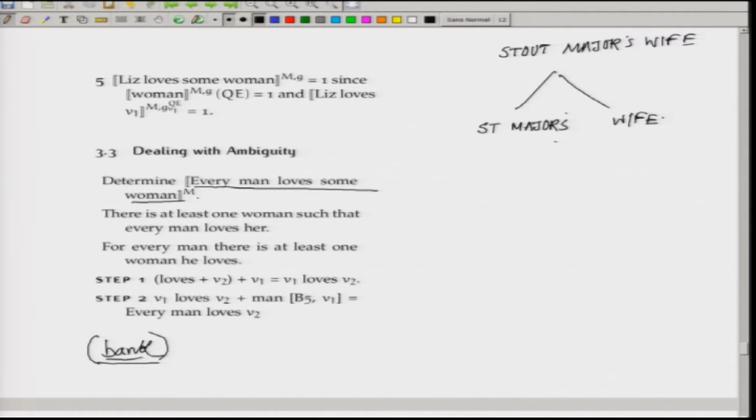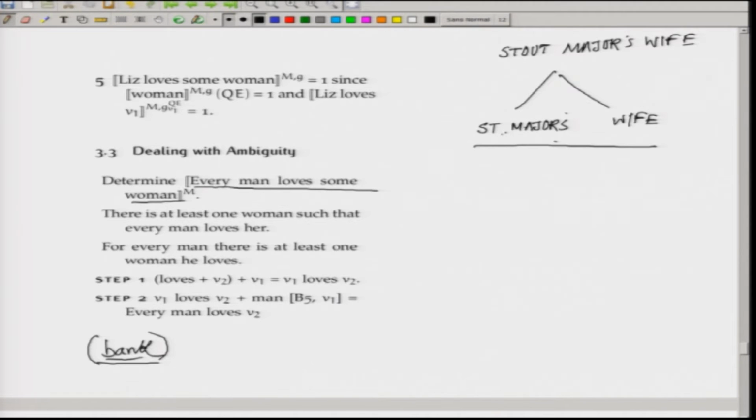Now this is structural ambiguity because they have different structures, and now the semantic element depends on the structure. So if this is the structure, then the semantic element will be one thing, and if the other one is the structure, it will be something very different. So this is what we have to keep in mind, that when we talk about ambiguities here in this context, we do talk about the structural ambiguity.